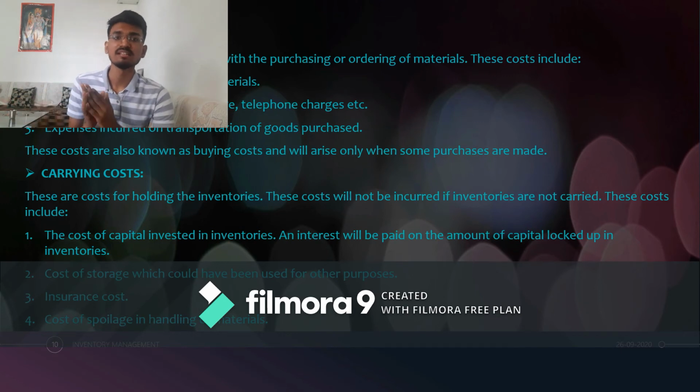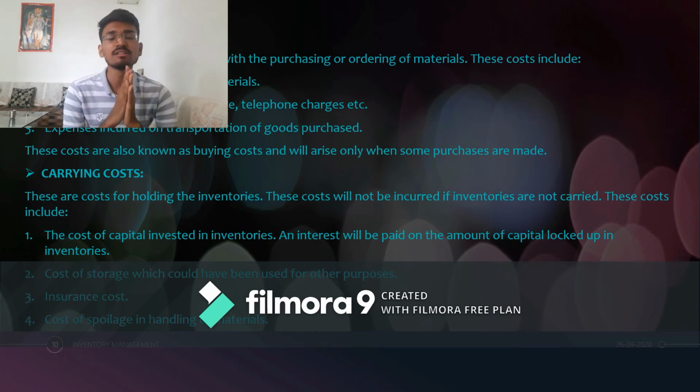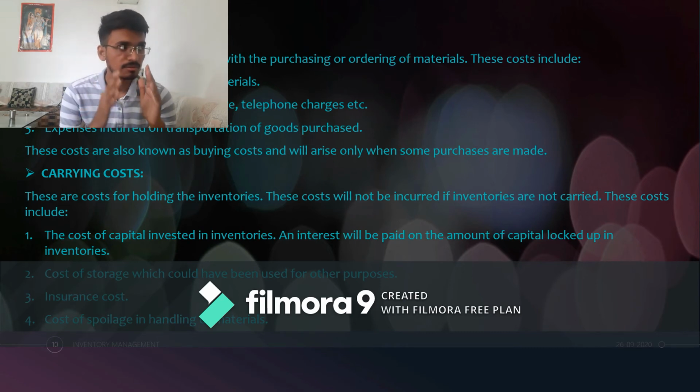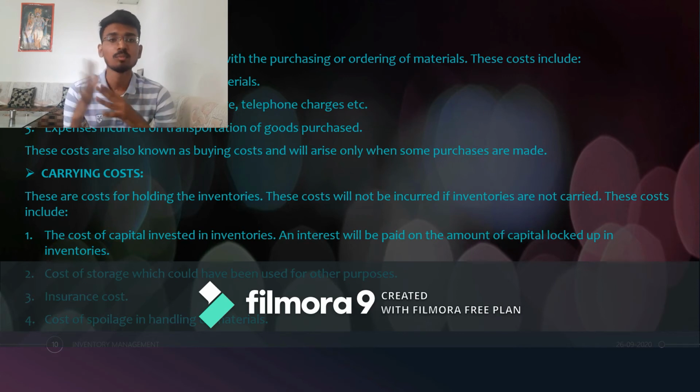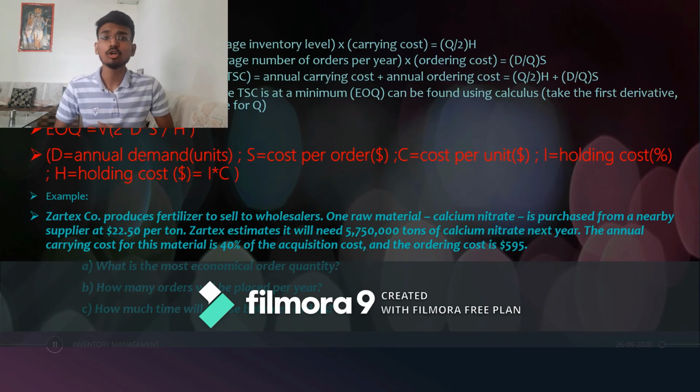That comes under the carrying cost. The third is the insurance cost for that inventory, because spoilage or stealing of goods should be managed. And the next is the cost of spoilage: if the inventory is spoiled or damaged, that also comes under the carrying cost. Next we will see the formula of economic order quantity.